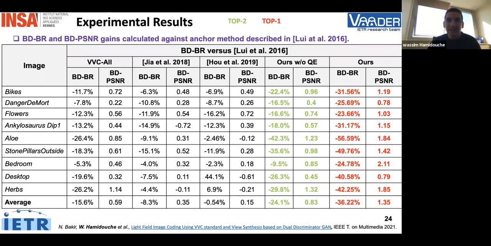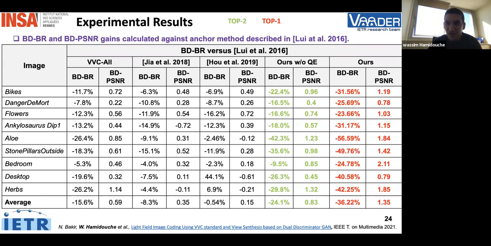Yeah, it's a good question. I don't have exact numbers for that, but I think we did some experiments. It depends on the sequence, because some light field images are very easy to synthesize, especially when disparity is low between the different views.